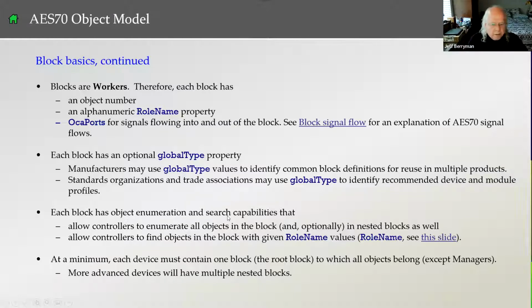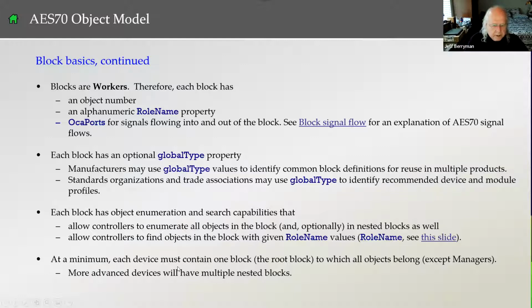Every block has enumeration and search capabilities that allow controllers to figure out everything that's inside the block and in nested blocks, and to find objects inside the block. If you want to find, say, the compressor gain reduction level meter, you can search for it if you know its role name.